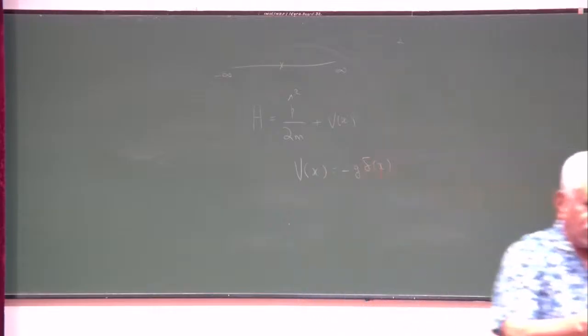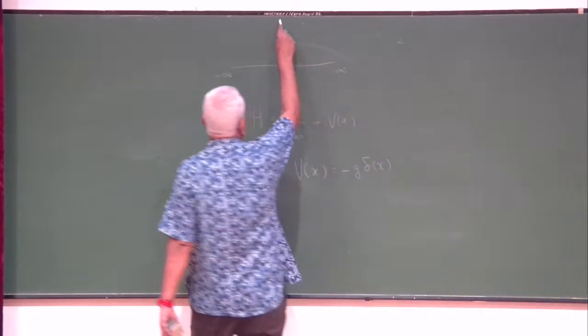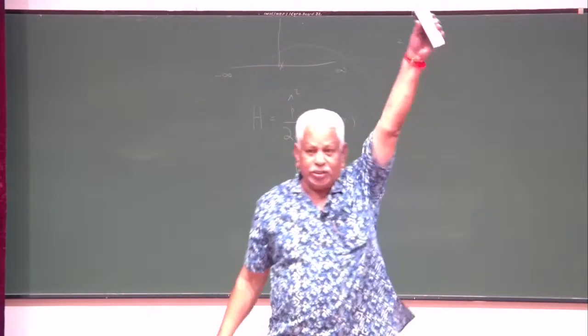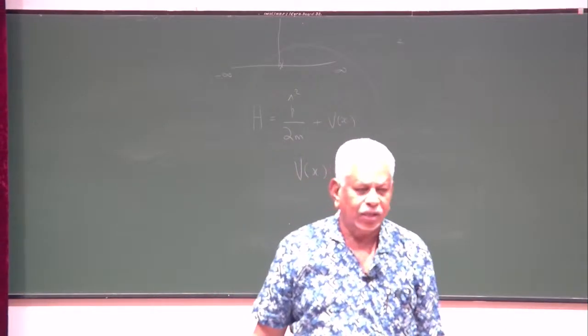The function is 0 for anything greater than 0 and anything less than 0, and at x equal to 0 it is infinity. How do I visualize it? I draw one line here to say that is the function. At that point it is infinity, everywhere else it is 0. That's the delta function.